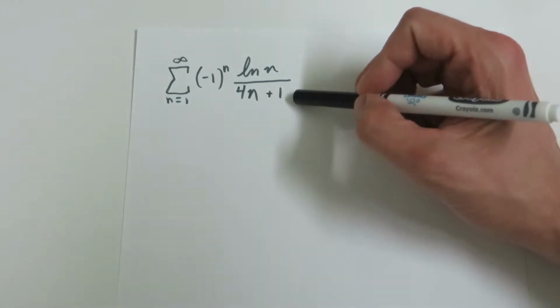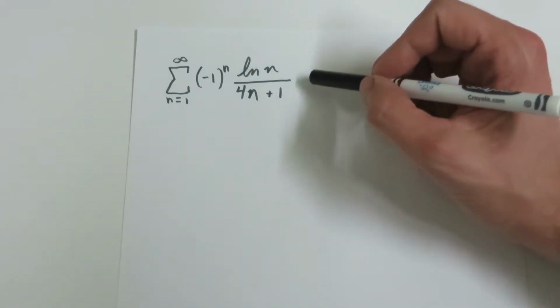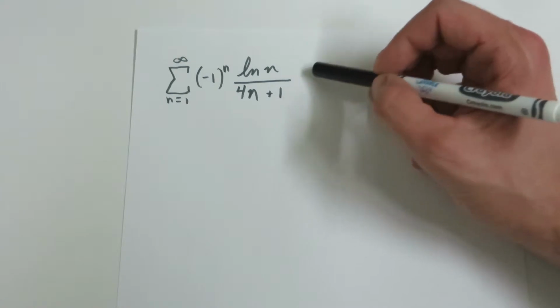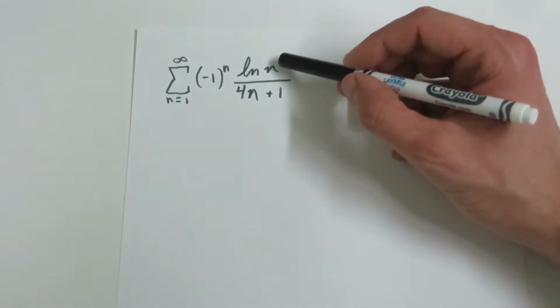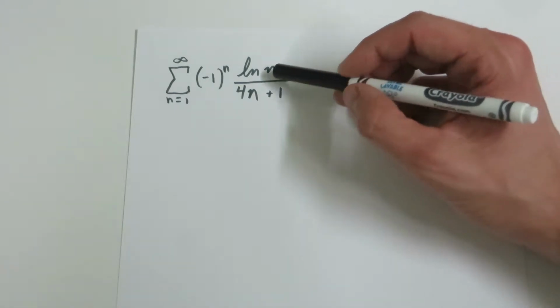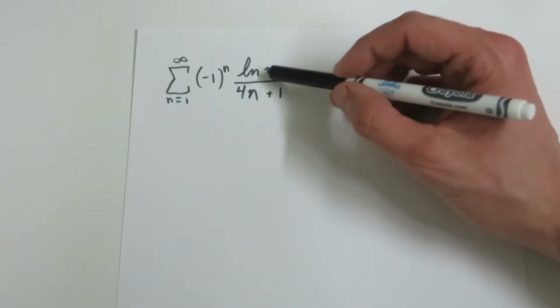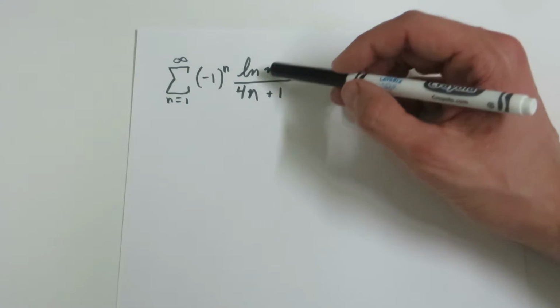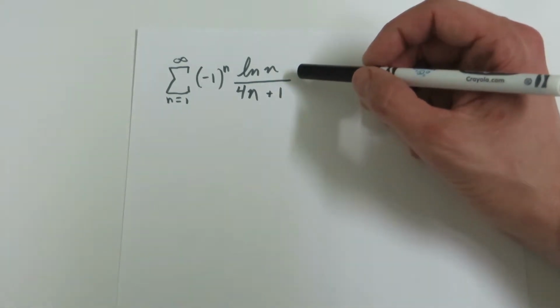Now, we could use the comparison test and say this is going to be smaller than ln of n over 4n, and we could see whether that would converge or diverge based on our integral test.